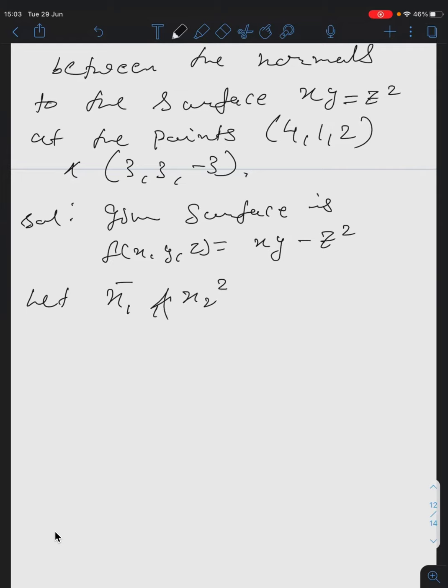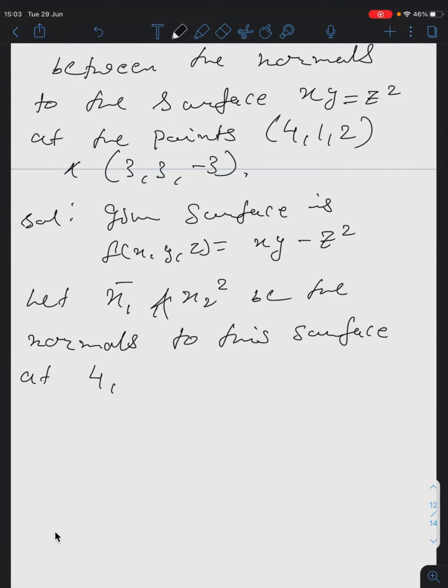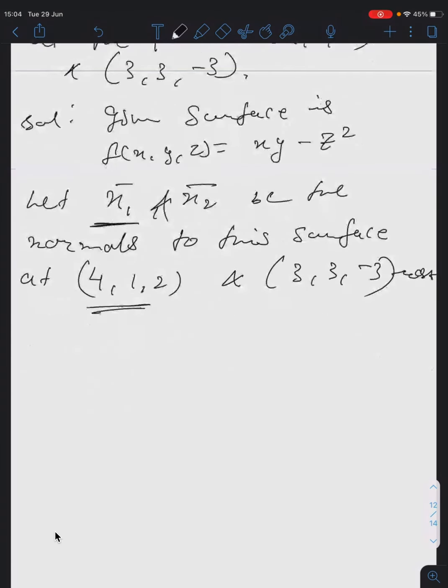Let n1 bar and n2 bar be the normals to this surface at (4, 1, 2), that is, n1 bar is a normal to the surface at this point, and n2 bar is another normal to this same surface but at a different point, respectively.